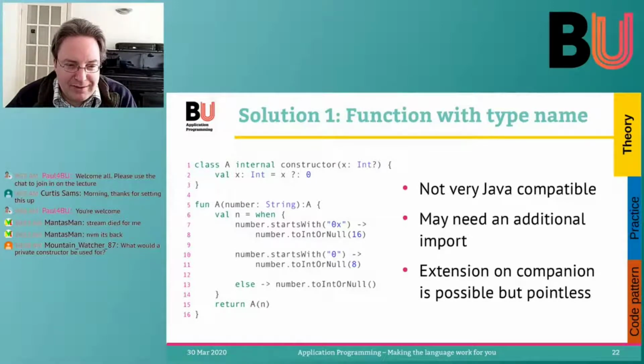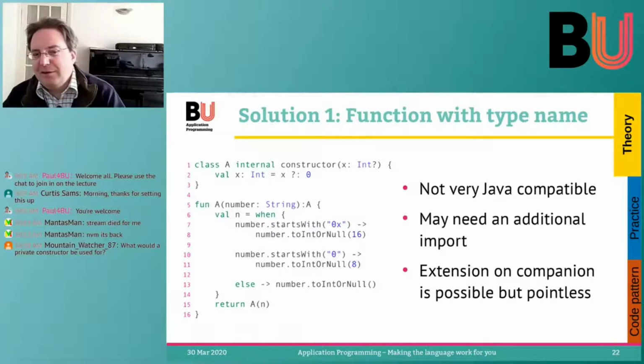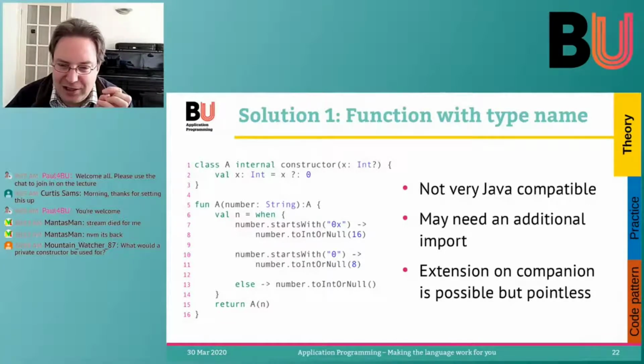But it's kind of pointless to do that because you can define it on the companion itself, or you can have a free function. From Java, an extension upon a companion is not really useful at all because you don't want it to actually need companion state.